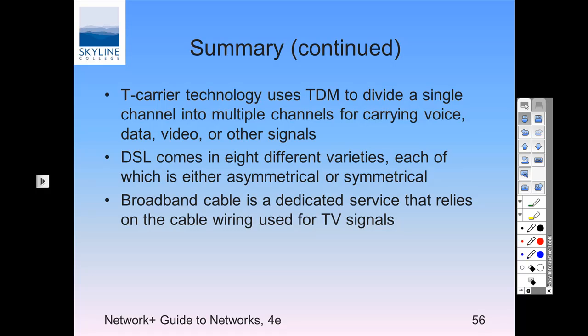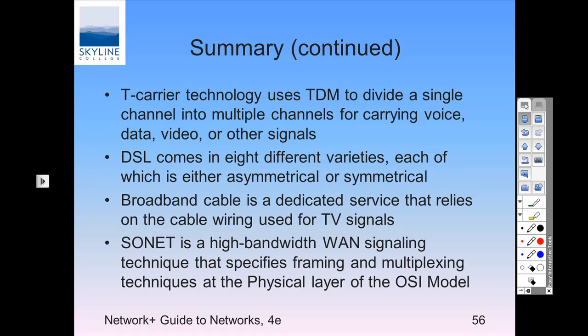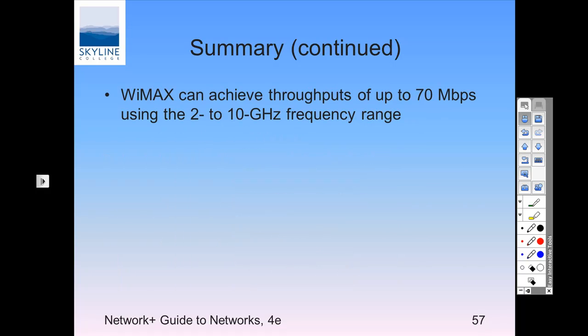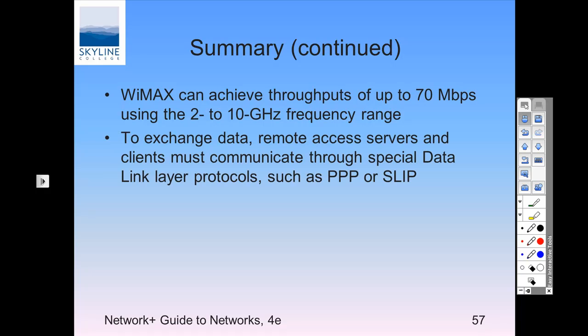Broadband cable, dedicated, and of course you can get voice on it too, voice over IP. SONET, the high-speed WAN signaling, typically telephone switching networks for those things. WiMAX, up to 70 gigabits, in the 2 to 11 gigahertz frequency range, and these are theoretical. The gig is real. The 10 gig is, I think, still theoretical in those.